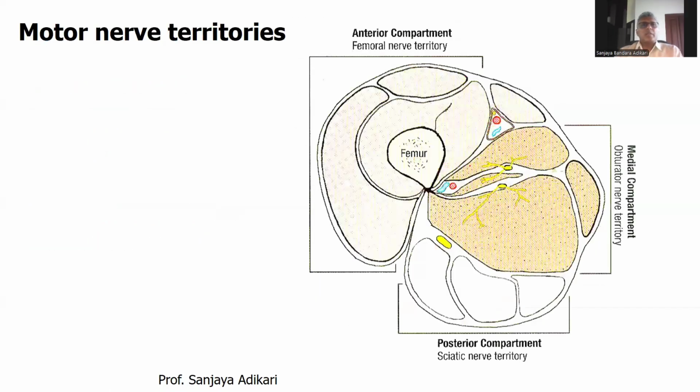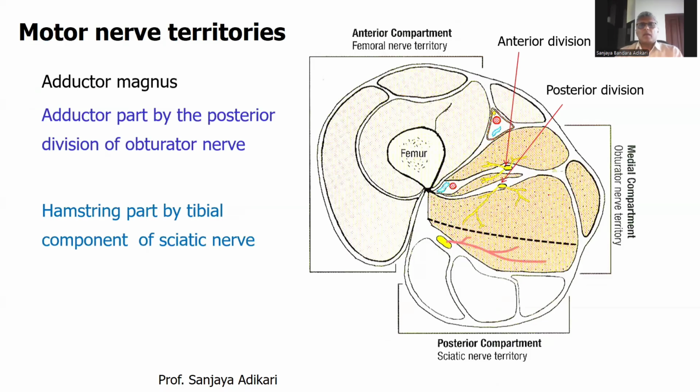Okay. So when it comes to the nerve supply, the adductor compartment is supplied by the obturator nerve. It has two divisions, anterior division and posterior division. These two divisions will supply the adductor muscles. Now the anterior half of the adductor magnus, which is the adductor part of the adductor magnus, is supplied therefore by the obturator nerve, that is the nerve of the adductor muscles.